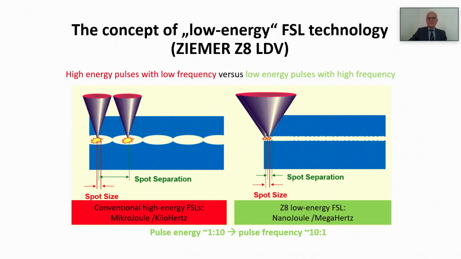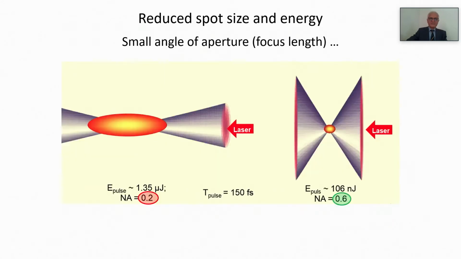The new concept of ZIEMER is low-energy femtosecond laser technology. The essence is that instead of using high-energy pulses with low frequency, low-energy pulses are used with high frequency. So the pulse energy is reduced to about 1/10, while the pulse frequency is increased by a factor of 10.